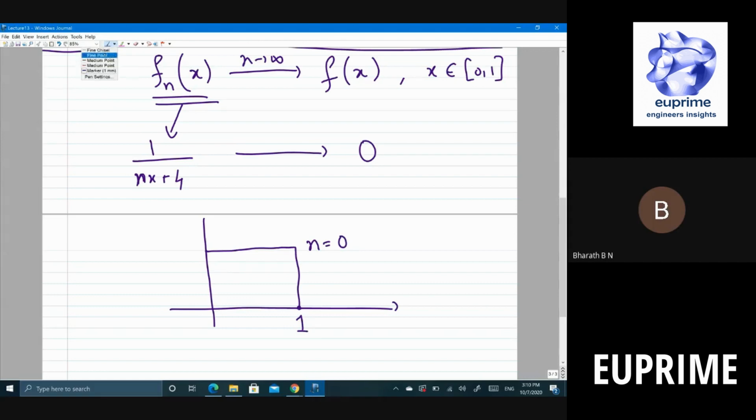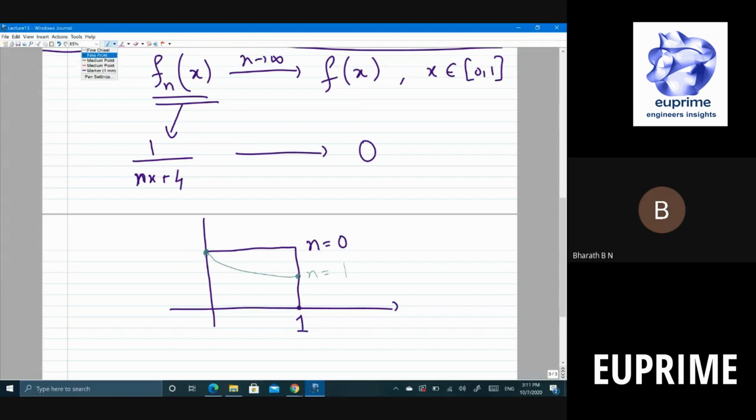For n equal to 1, it will be 1 by x plus 4. So when x is 0, it starts at 1 by 4, and then as x goes to 1, it goes to 1 by 5. So it is something like this, for n equal to 1.